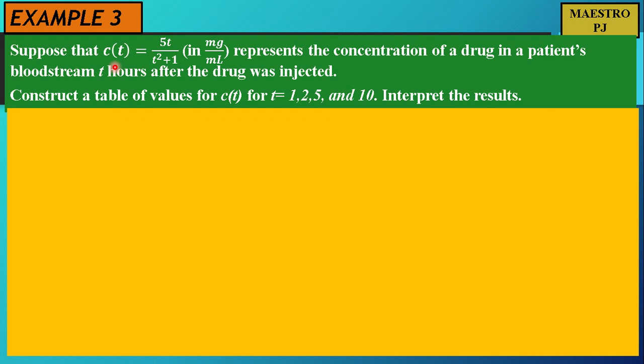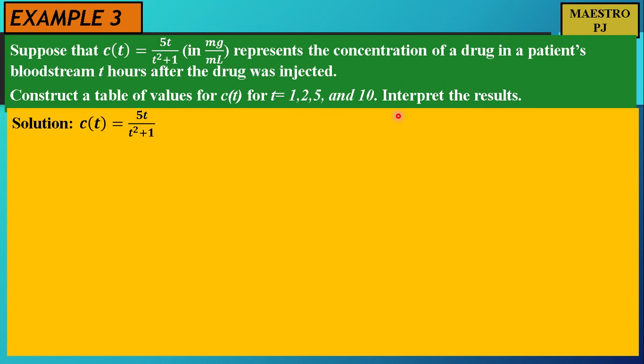So, ibig sabihin yan, yung concentration, para siyang gaano kalapot or gaano kakapal yung gamot after t hours na na-inject yung gamot sa patient's bloodstream. So, ang gagawin po natin, magko-construct po tayo ng table of values for C of t for t. Ang value ng t natin ay 1, 2, 5, and 10. Saka natin i-interpret yung results.